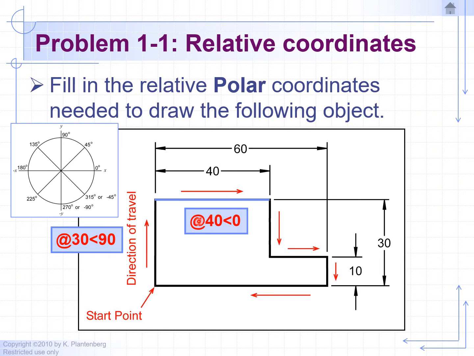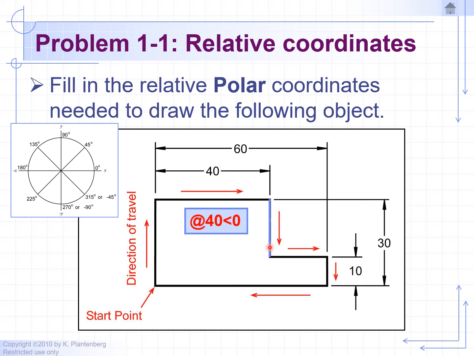So make sure you type in @, that's with respect to the last point, 40, and to access the less than symbol, you type on the keyboard Shift, comma, 0, and enter, and that'll generate the line.